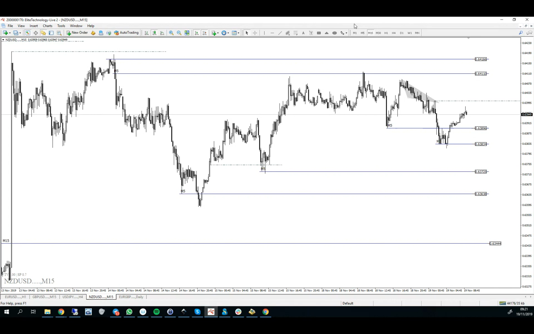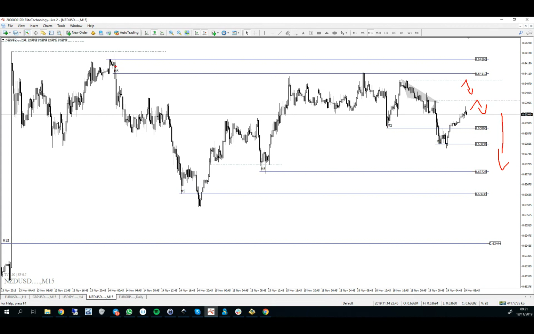But what we can also do is look for selling the green lines. We can wait for price to go either here and sell it, expecting much lower, or we can try to sell here at this level.